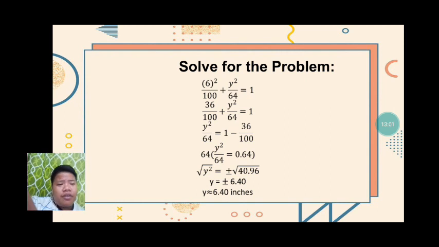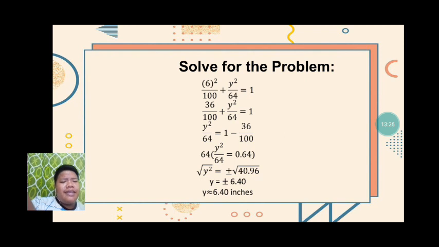At this time, in order to remain the y only, we will just take the square root of both sides. Square root of y squared is equal to positive or negative square root of 40.96. So we have two possible answers here, wherein the one is positive and the other one is negative.